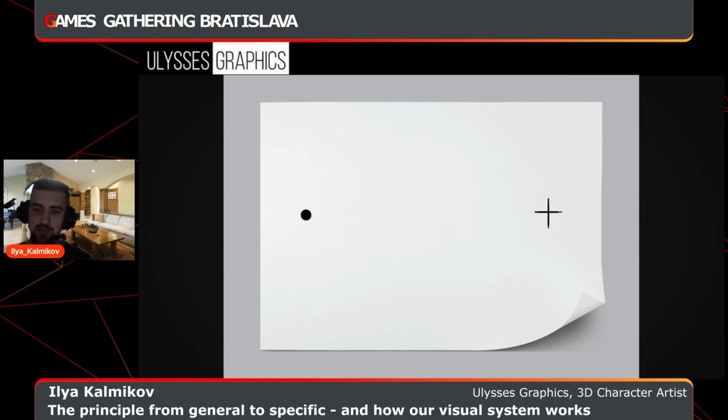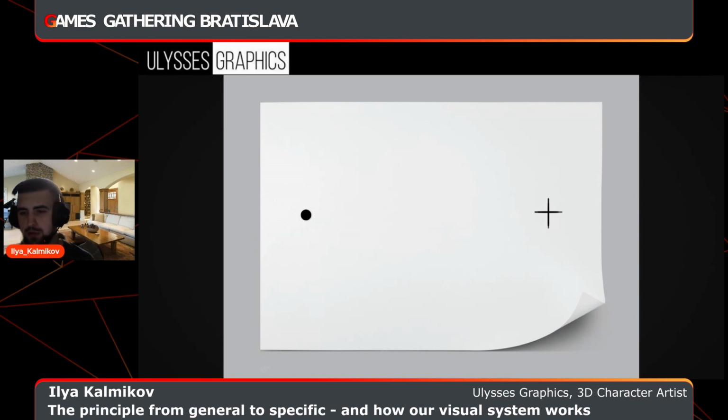For this experiment, you need a piece of paper. Then just draw a dot and a cross, as shown here on screen. There should be a distance between them, roughly the size of a palm, maybe 15 centimeters.